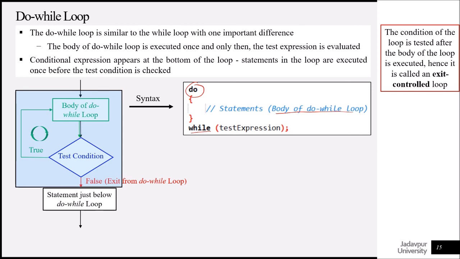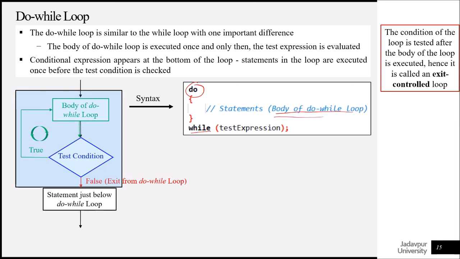So whatever happens at this test expression, before that the body of the do while loop has already been evaluated once. So even at this first checking of condition, if the value turns out to be false and it goes out of the loop to the next statement, you have already had one iteration or one execution of the body of this loop.